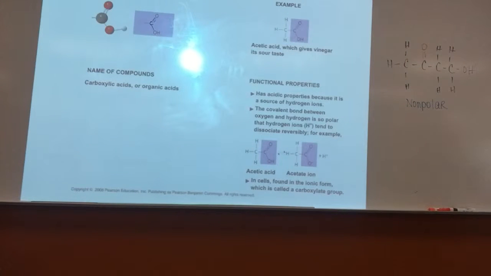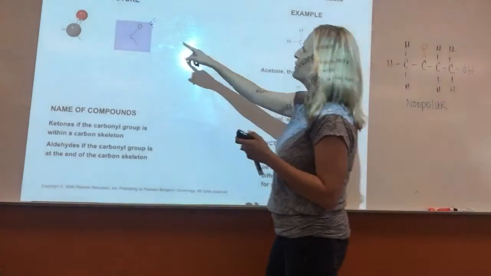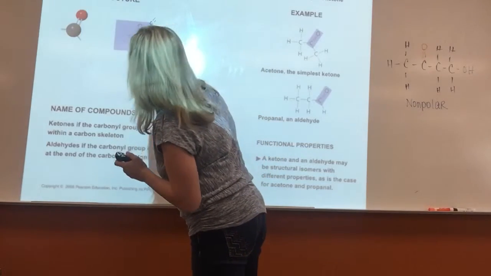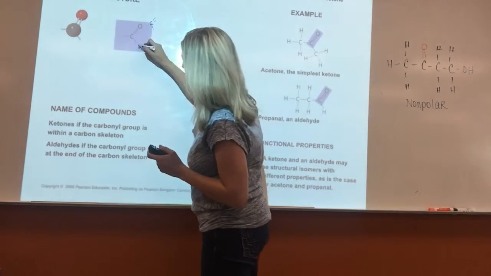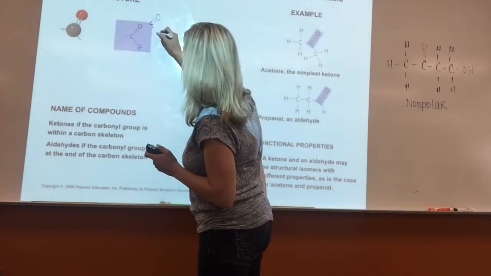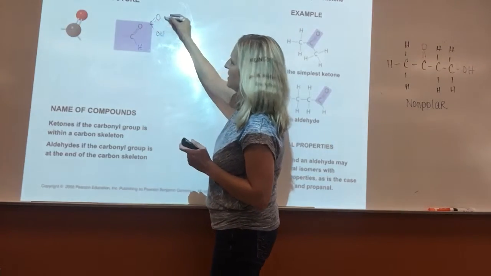So it's really important to take note of that. Sometimes, if you look at the carbonyl group here, let's say that there's an H here, and that would be the carbonyl group. It's the carbon with the double bonded O. And the difference is what the carboxyl group looks like here.